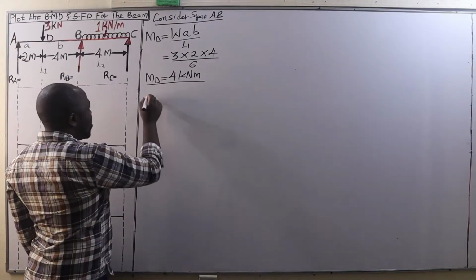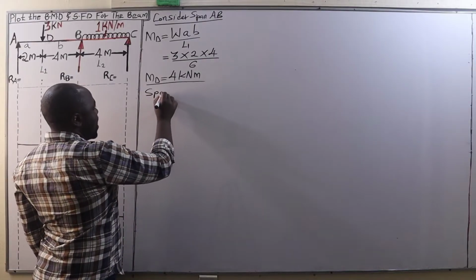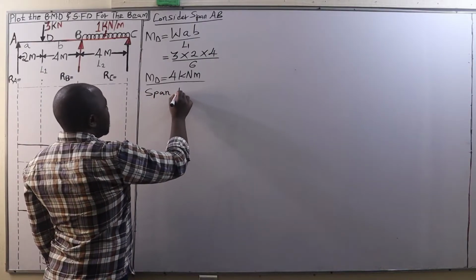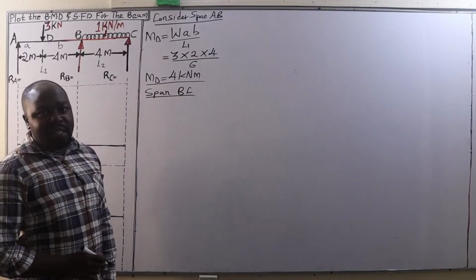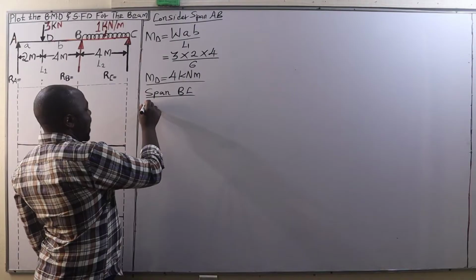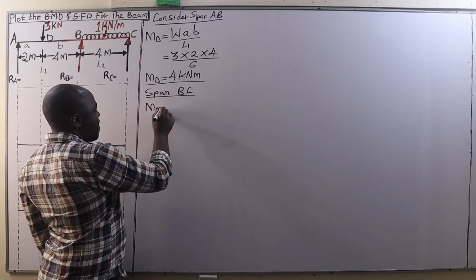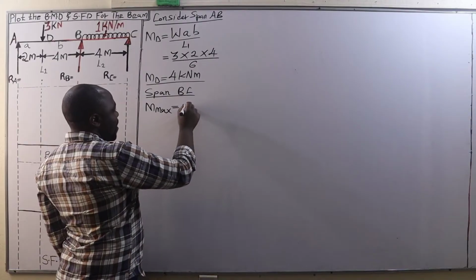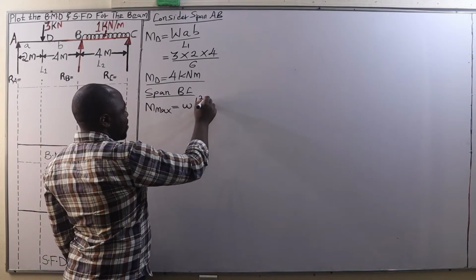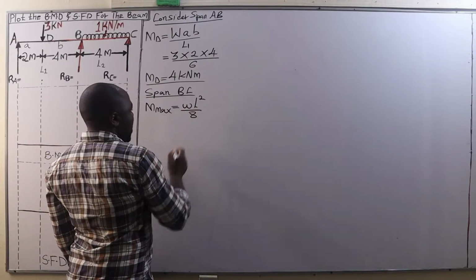Then from there we go to the span BC. In the span BC, we are going to determine the maximum bending moment, which will be given by the formula WL squared divided by 8.